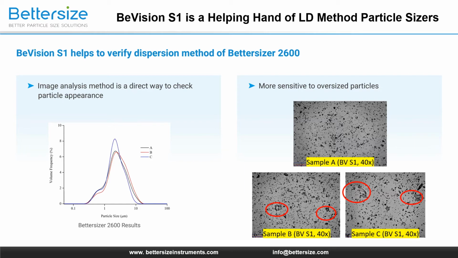Here, the particle size distribution curves from Mastersizer 2600 show the particle size distribution of polishing agent samples A, B, and C. Images taken by Vision S1 prove that there are small amounts of oversized particles within sample B and sample C, becoming strong support for the PSD results from the Mastersizer 2600. Vision S1 is a convincing tool when evaluating particle size results, and also a handy tool to ensure product quality.